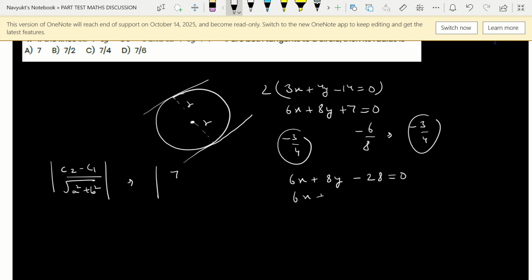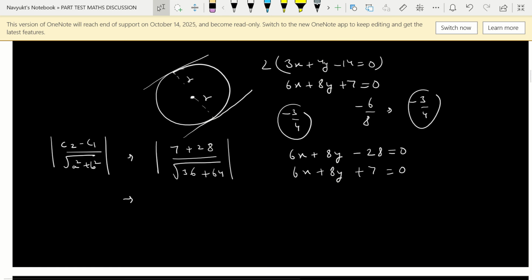Now the a and b of both the equations are the same. Let's write this as c1. C1 is minus 28, so this gets plus 7 upon root of 6 square plus 8 square, 36 plus 64. The answer we will be getting is 35 upon this, which is 100. Root 100 is 10, which is how much? 3.5.